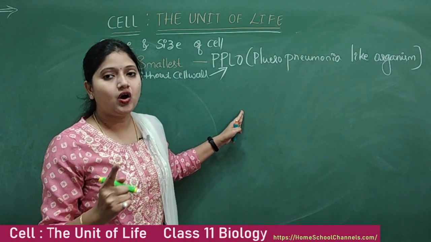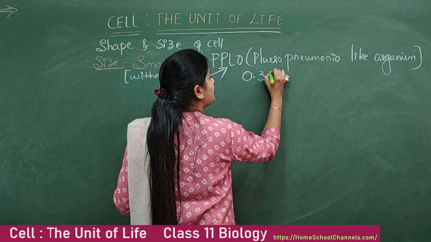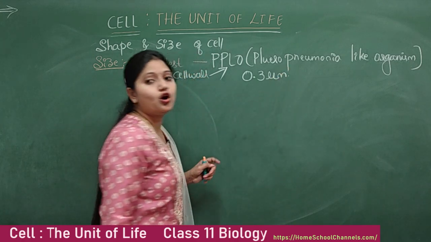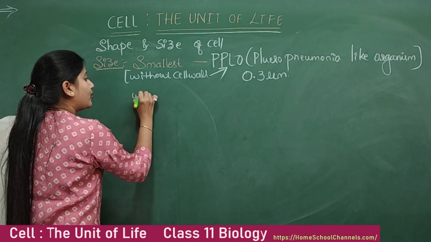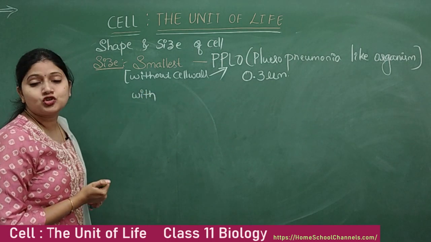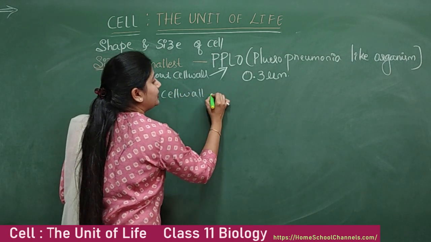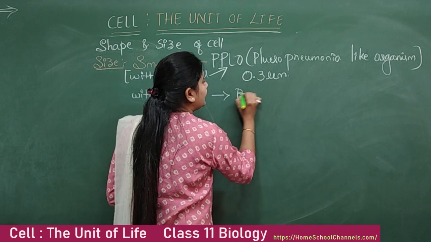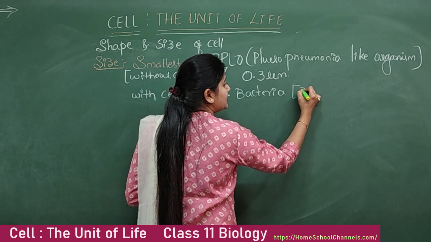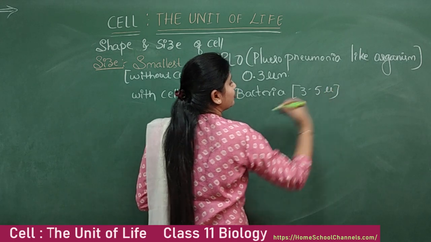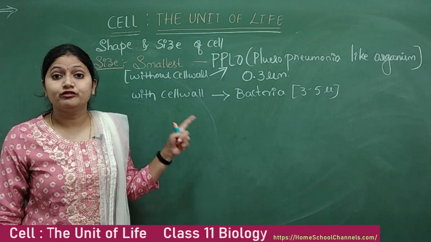or they can also give it as mycoplasma, which is almost around 0.3 micrometers or 0.3 microns in size. Then if they ask which is the smallest organism with cell wall, then it is the bacteria, which is 3 to 5 microns.